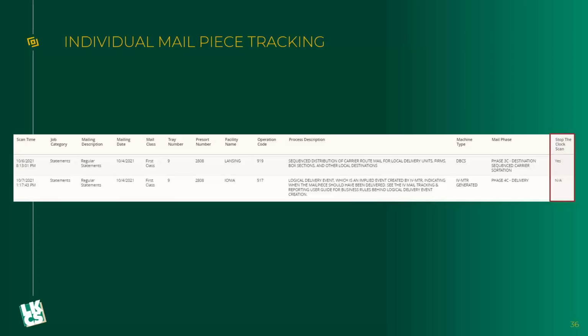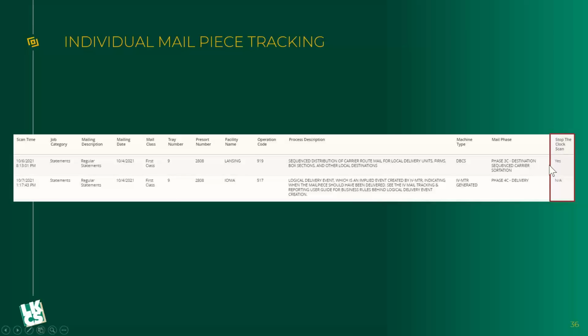So essentially, this is what stops that timer on the post office's delivery metrics. That's why they call it stop the clock. There are times where we'll see a stop the clock scan if a mail piece was routed incorrectly through the post office's system.